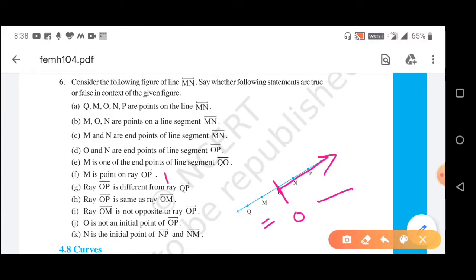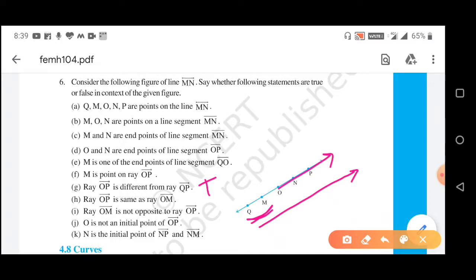So, F is false. Number G, ray OP is different from ray QP. See, ray OP is starting from O and ray QP is starting from Q. In ray OP, we don't have the points Q and M, but in the ray QP, we have the points Q and M. So, these two rays are different. So, it is true. Question number G is true.